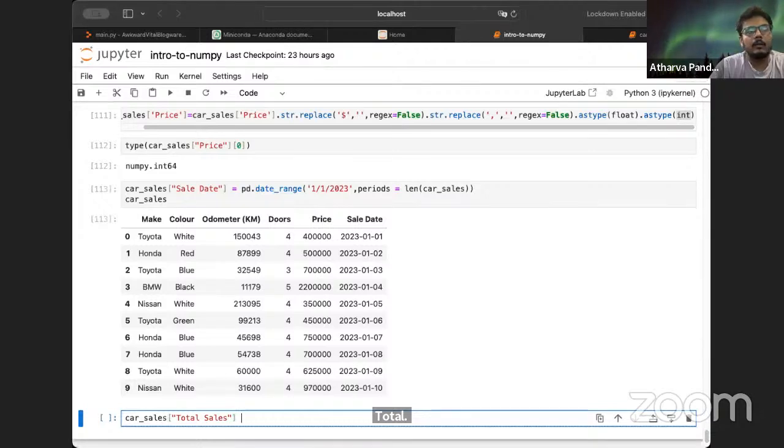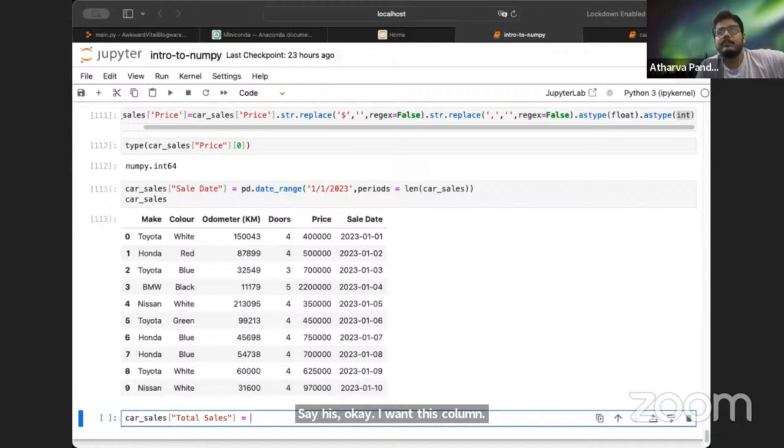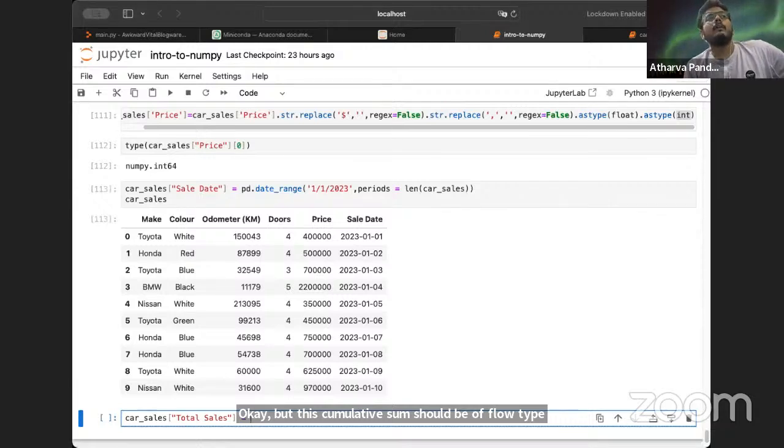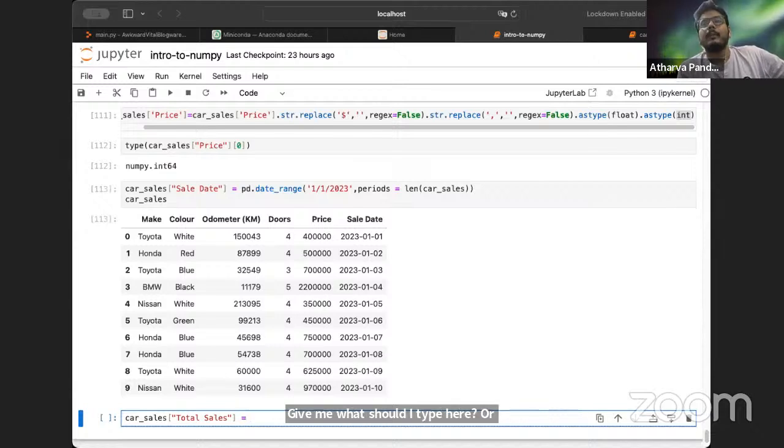I want this column as a cumulative sum, but this cumulative sum should be of float type. What should I type here? What should I type here?